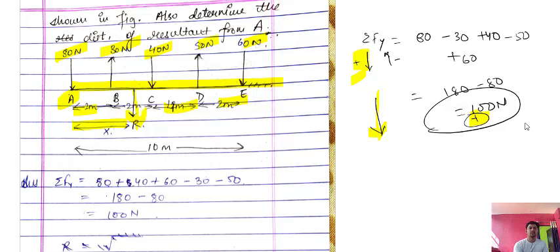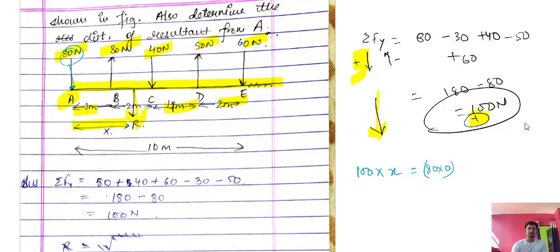According to Varignon's theorem, the resultant moment will be Fr, which is 100, into x. This is the resultant moment produced by the resultant. That will be equal to the summation of the moments produced by the component forces. What are the component forces here? 80 Newton. For 80 Newton there is no perpendicular distance, as we want to calculate the moment at point A, so 80 into 0.